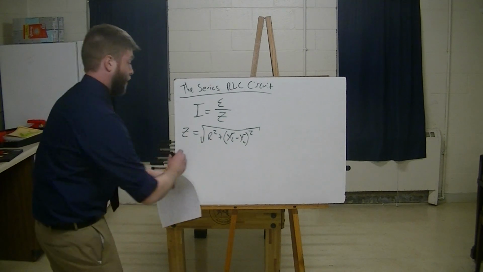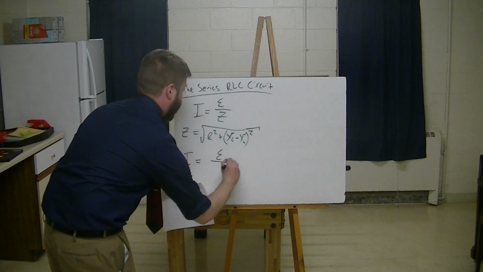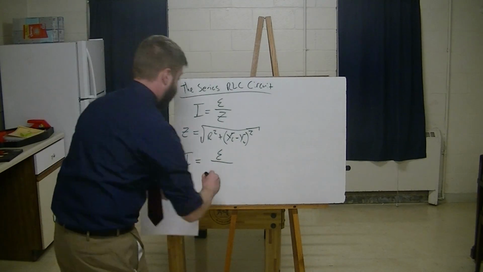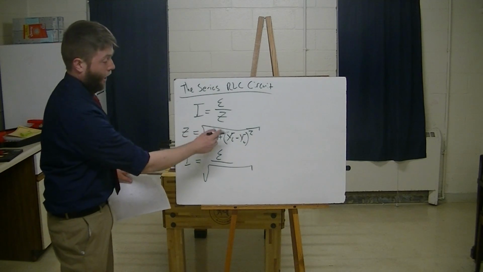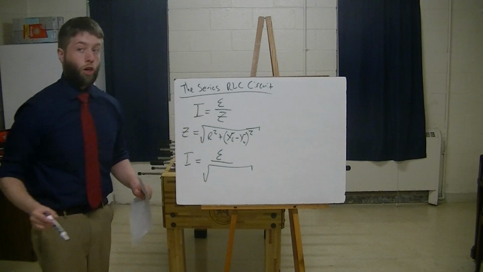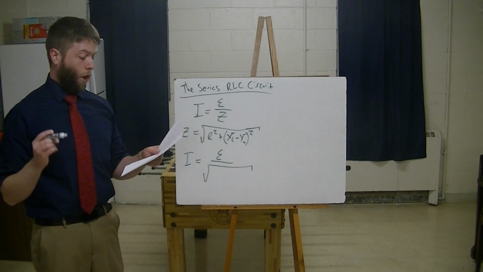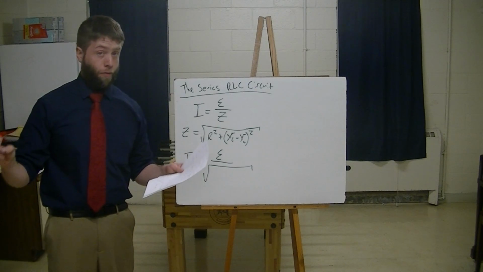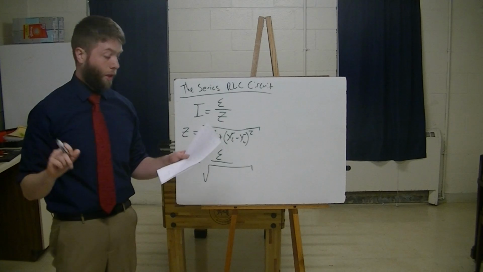This now means that the current amplitude, I, is equal to E, the voltage, divided by this term right here, the square root of R squared plus chi L minus chi C, the quantity squared. We're going to replace these two terms with omega d L for the inductor and 1 over omega d C for the capacitor.